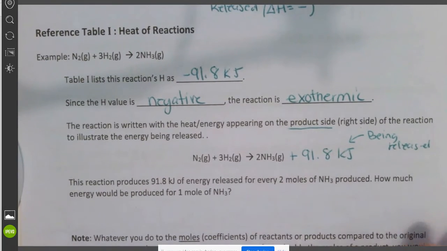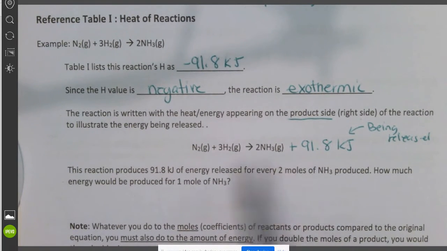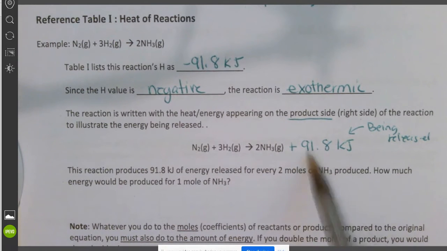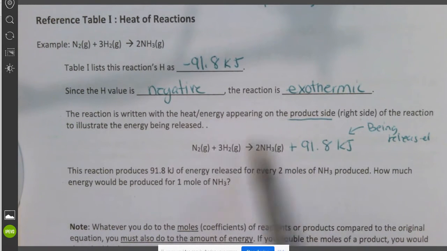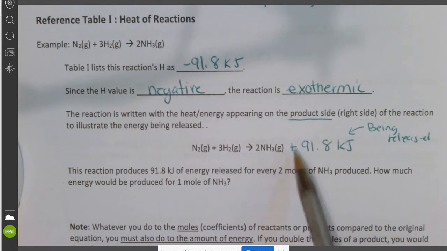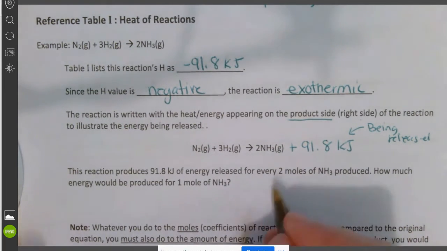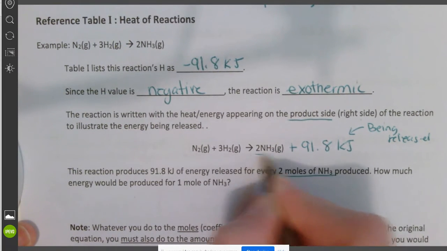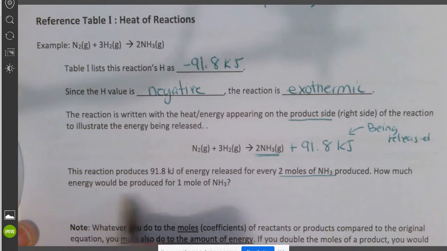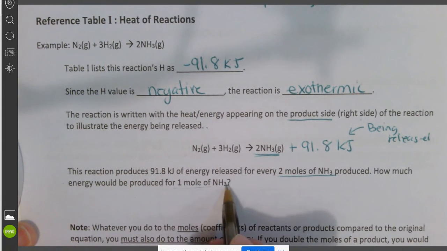Now, we will see that sometimes we're going to have different amounts of moles of a certain reactant or product. And just like before in an earlier unit, where whatever we do to one mole amount, we do to the other mole amounts, we're going to do the same thing and treat energy in the same way. So while this reaction is releasing this 91.8 kilojoules for every 2 moles of NH3, how much energy would be produced for 1 mole of NH3?